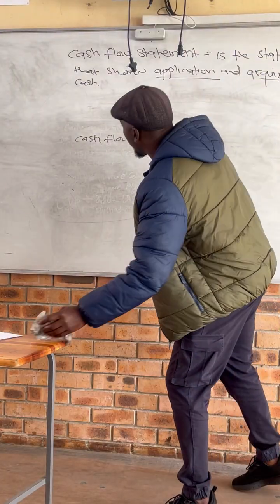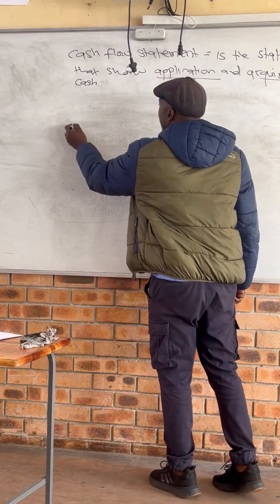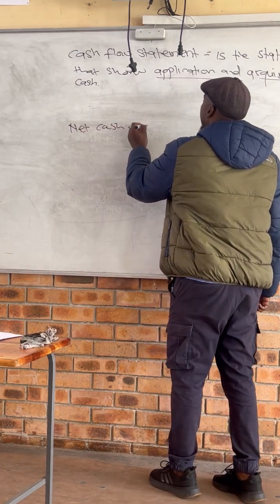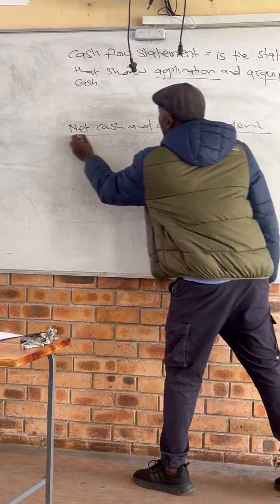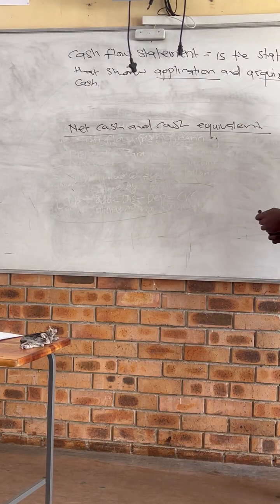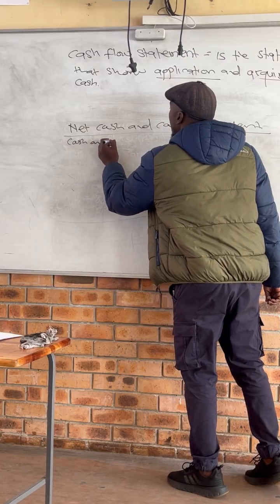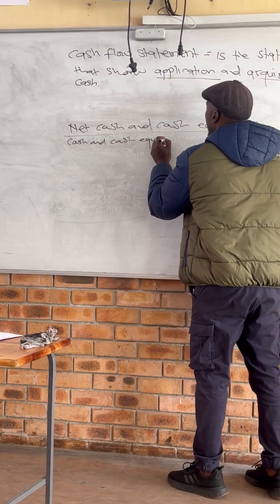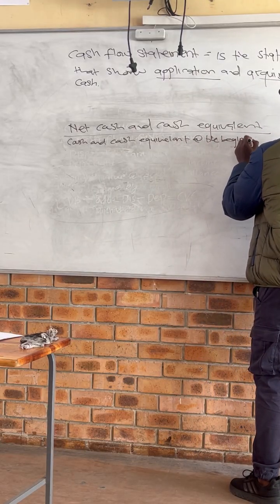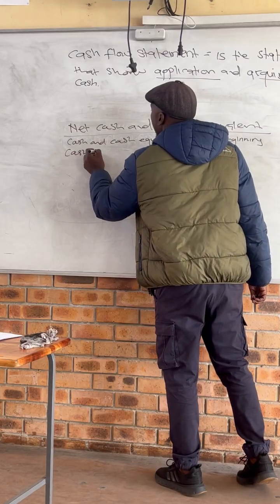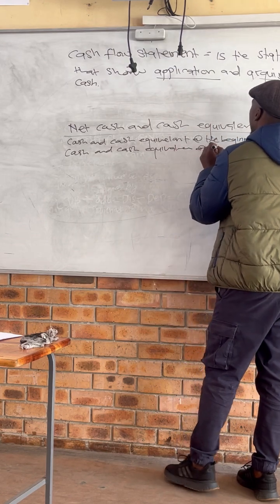I will go to net change in cash and cash equivalent. Now, remember when it comes to this one, we have cash and cash equivalent at the beginning, and then we have cash and cash equivalent at the end.